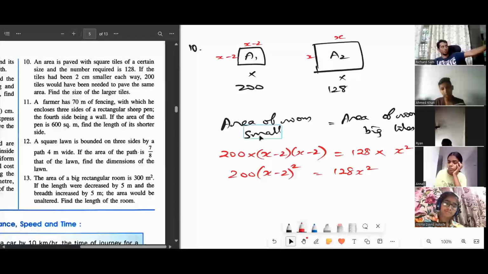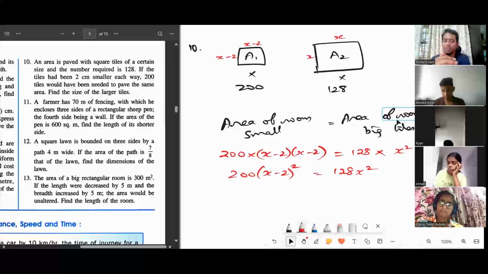Area of room with small tiles is equal to area of room with big tiles. An equation will have an equal to sign. You have to make an equation, meaning something is equal to something, and then substitute all the values in that formula. Somehow you have to make equations for all these questions.